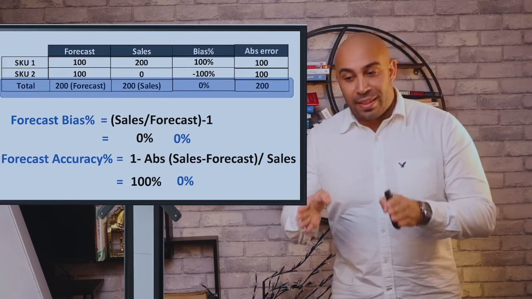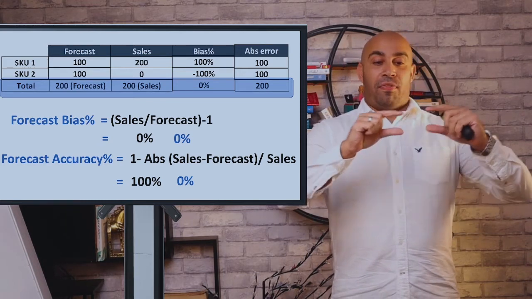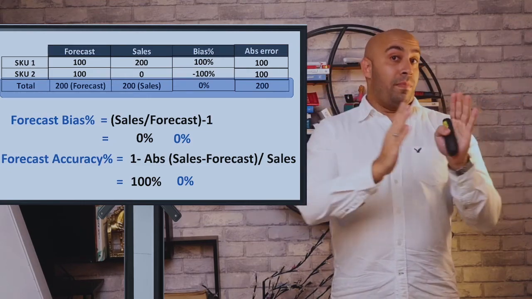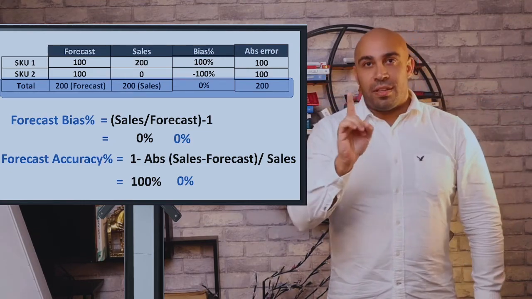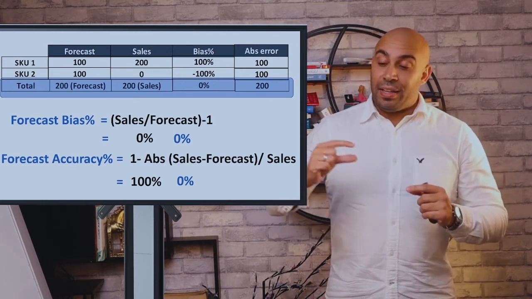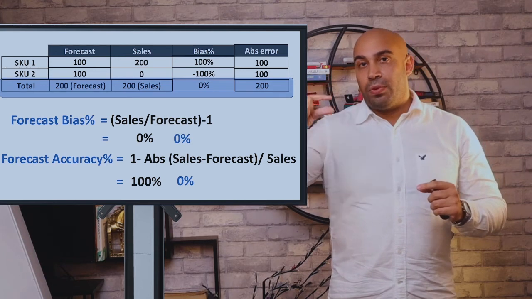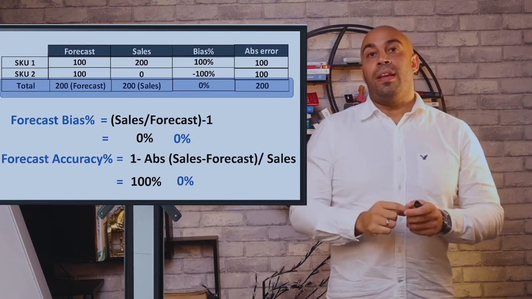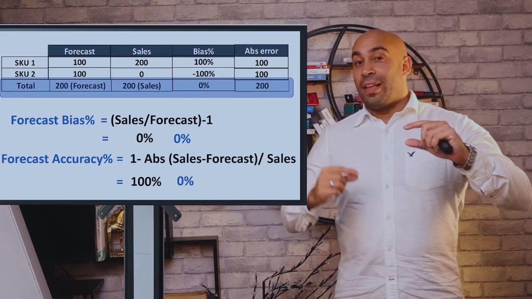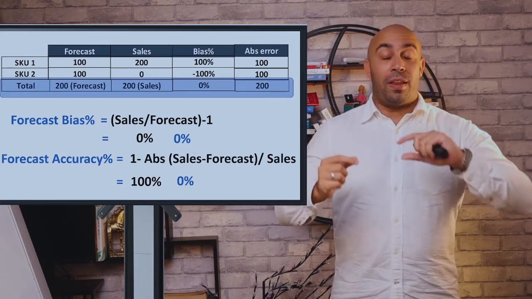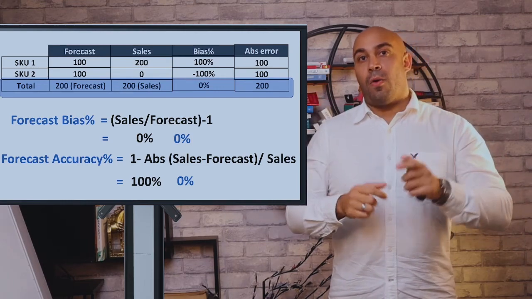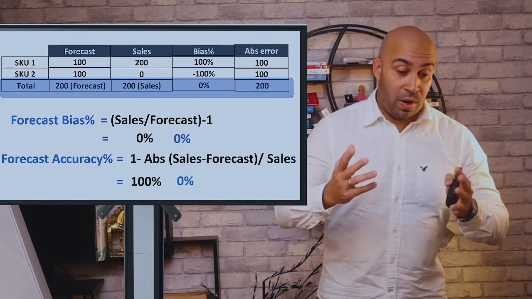So if my category sold 200 and my forecast was 200, then my bias is 0%. But it doesn't mean that my forecast accuracy is 100%, because I need to see how the absolute error at each SKU level comes. And in our case here, you see that our SKU1 sold 200 and forecast was 100, and the SKU2 sold 0. However, our forecast was 100 cases.